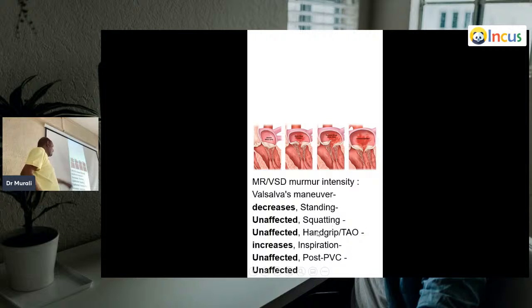So murmur decreases with Valsalva. Then if there's a hand grip exercise, hand grip is releasing catecholamines. Catecholamines are increasing afterload. If there is an increased afterload, what happens to the MR? Increases, because high afterload in the aorta will increase the pressure inside the ventricle, which will cause more regurgitation, more VSD to happen. That's the funda.